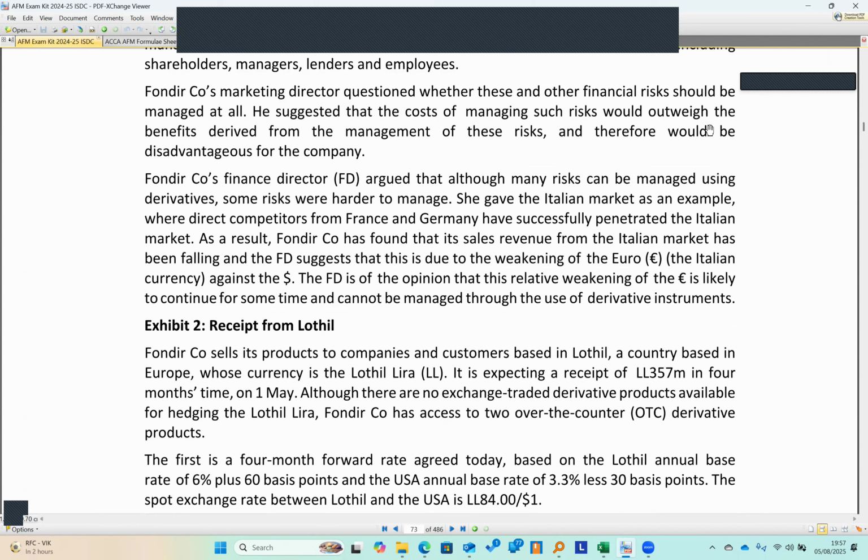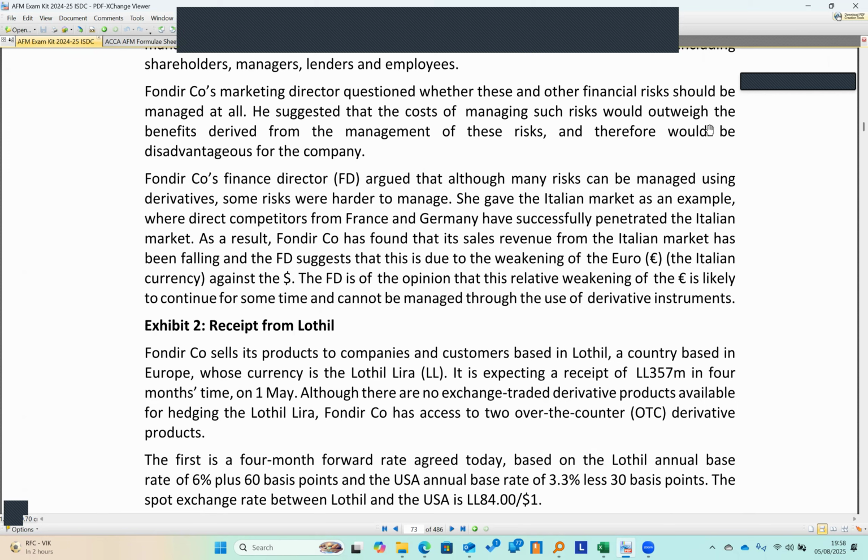Because we are going to receive in 4 months time on 1st May. So let's see, February, March, April. We are in January, February, March, April. So we are in January. We are going to receive in 4 months time on 1st May.